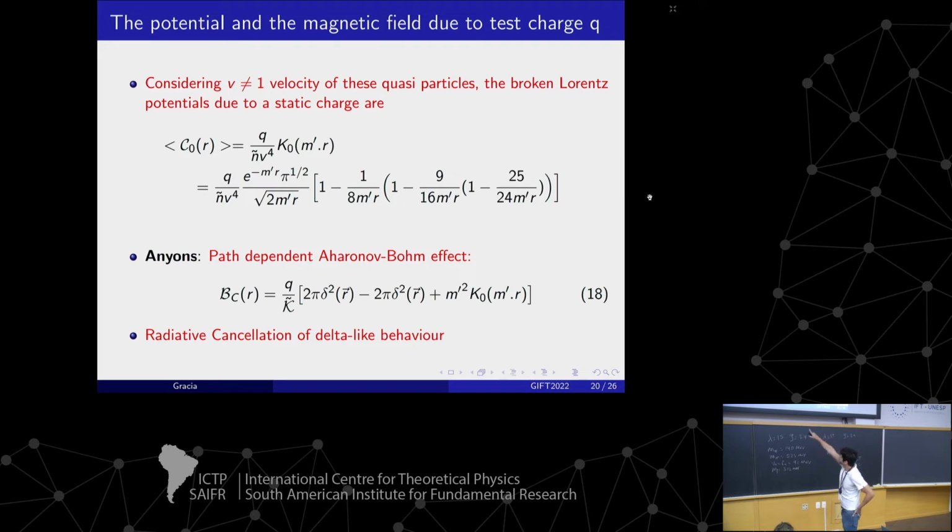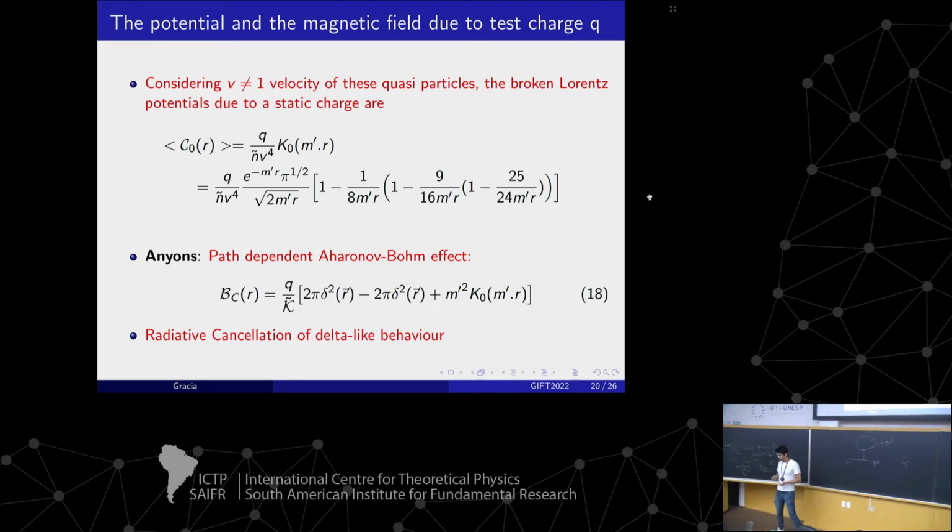But there is a cancellation of the delta-like behavior, and we have a path-dependent Aharonov-Bohm effect. That's an interesting thing. Maybe some models that are built in order to furnish attached magnetic fields and change of statistics must take it into account. Okay?